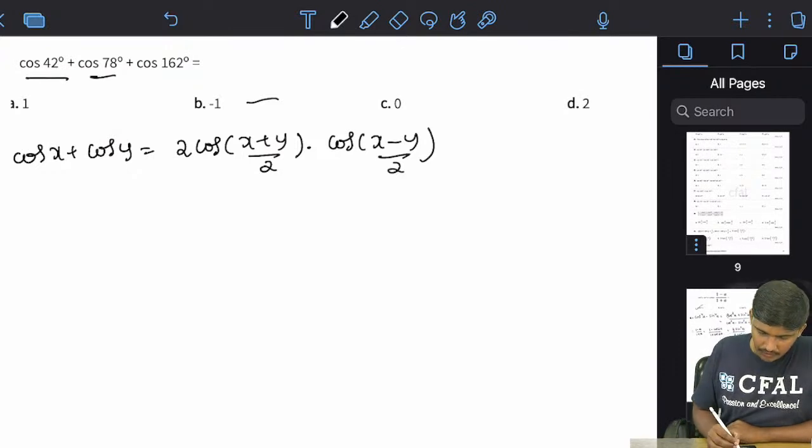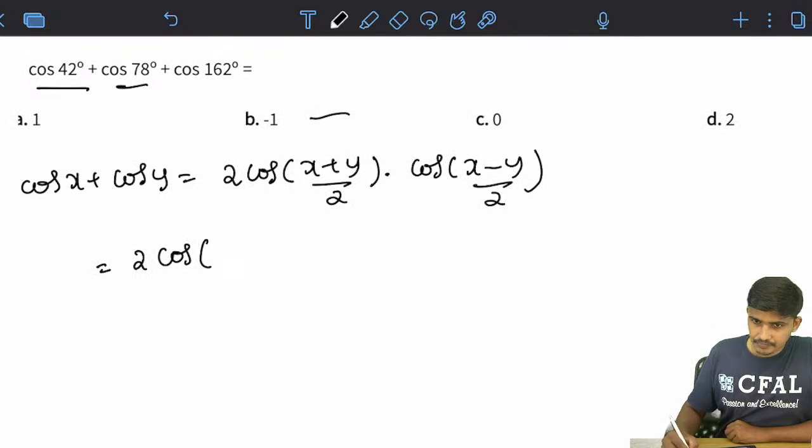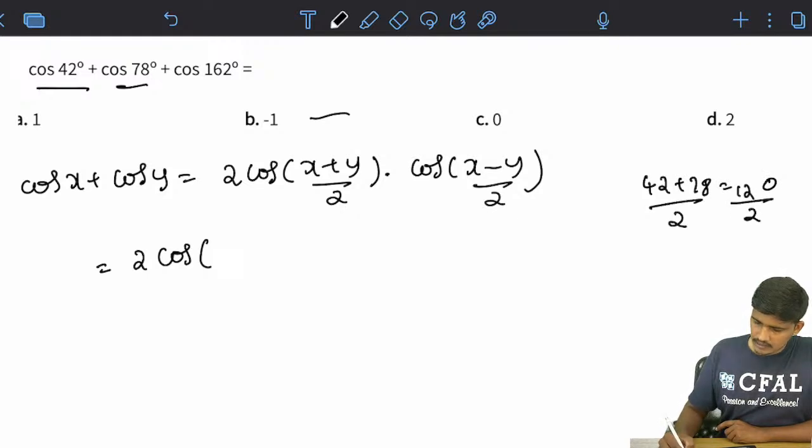So cos 42 plus cos 78 will be equal to 2 times cos of (42 plus 78) by 2. 42 plus 78 is 120, divided by 2 is 60.